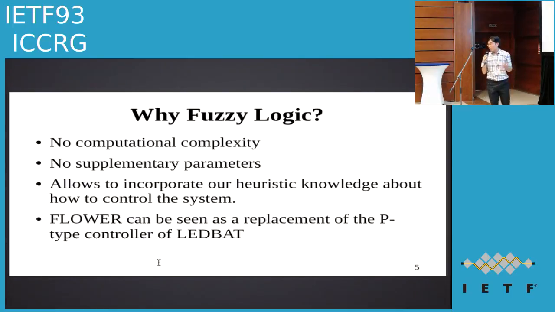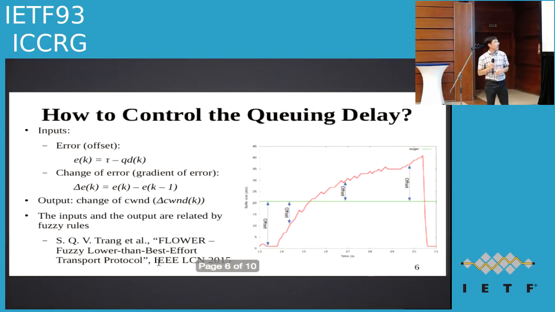Next. So now, how do we control the queuing delay? As you can see on the figure, the red curve shows an example of the evolution of queuing delay in time. Like LEDBAT, Flower's goal is to keep this queuing delay around a fixed target, as shown by the green line in the figure. To this end, Flower's fuzzy controller takes two inputs: the error, or offset, and the change of error, or gradient of error.